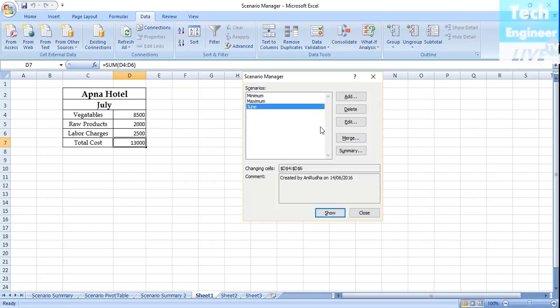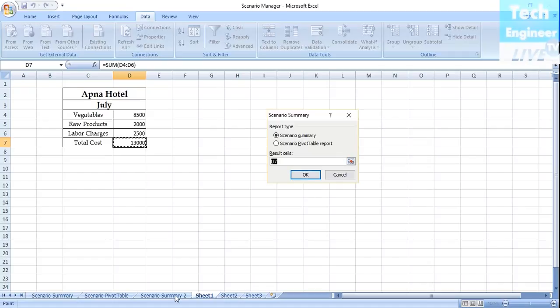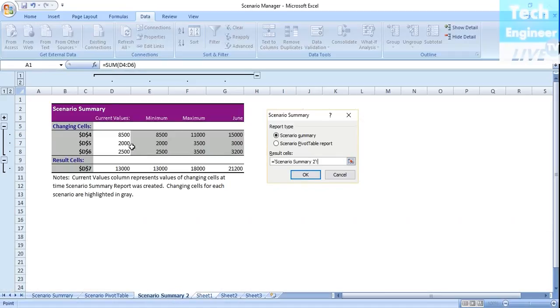At scenario basis, we go with minimum, maximum, and June month. So go with summary, and you create a summary like that. So this is what we are all about: the current values, minimum, maximum, and June month amount.